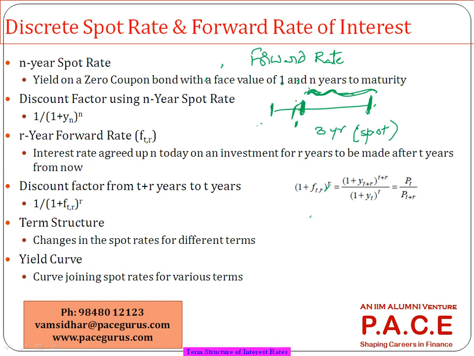So whenever I say forward 1 comma 2, it is nothing but that specific interest rate for 2 years, a 2 year interest rate after 1 year from now.